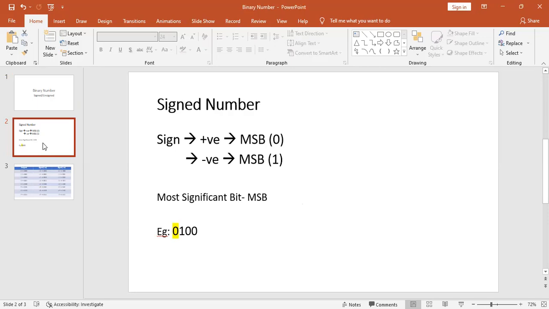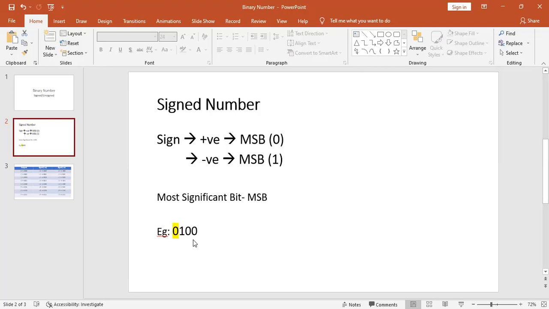Now, coming to the second type, which is signed binary numbers. Here you have two subtypes. The first one is positive, and the second one is negative. To understand this better, let us take an example of a binary number for number 4, which is 0100, as you can see here on the screen.